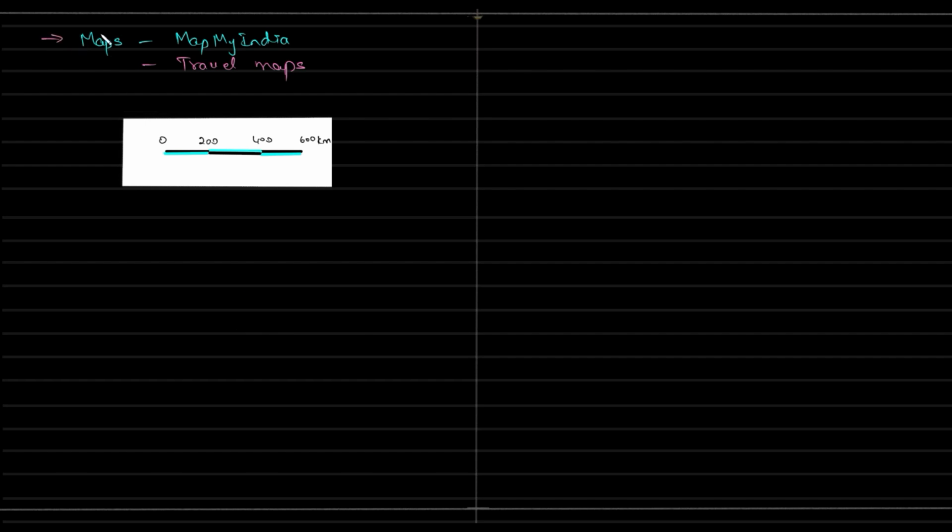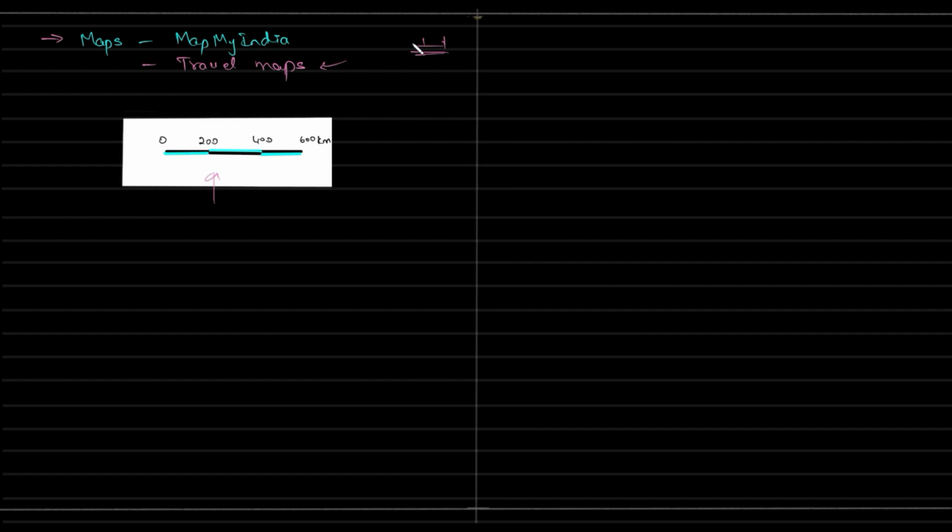So as you can see, similarities are used in quite a few places. I told you about maps. If you open Map My India or any other map apps, or travel maps, you'll find something like this. In apps, you will find something like this for a second or two, and it will disappear. You can open any of these apps, and just zoom out or zoom in for a fraction of a second. You'll see something like this in miles and kilometers.